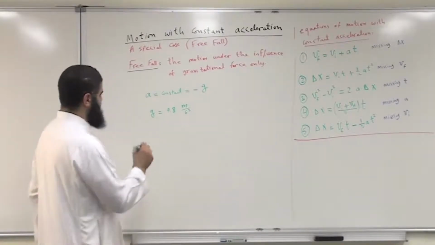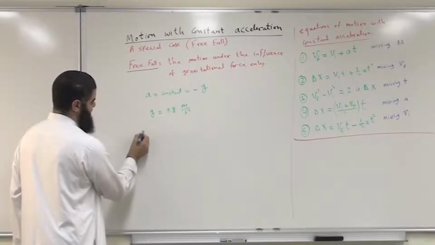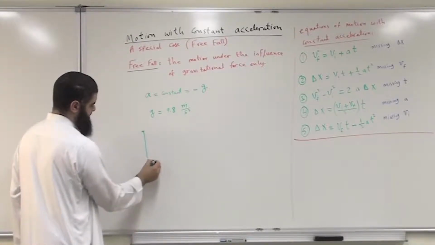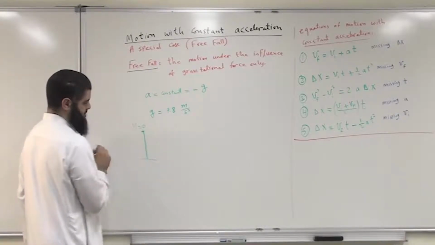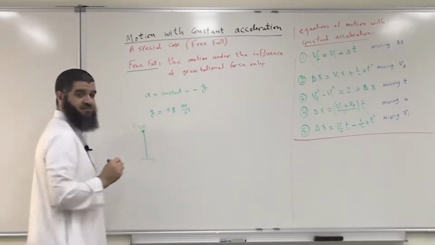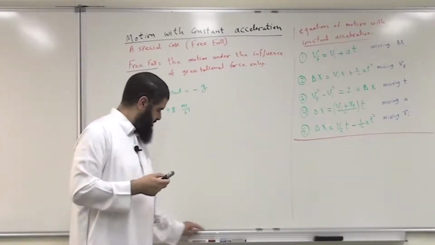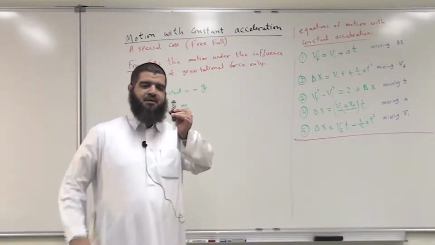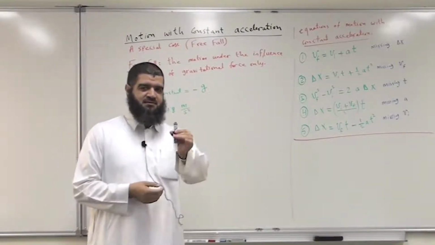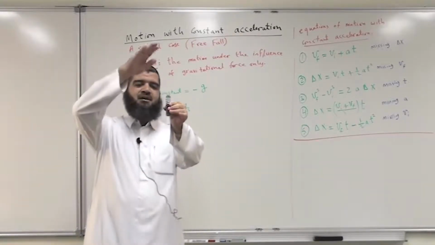I gave you this example of releasing the pen from rest, so here v initial was equal to 0, and we consider this to be a free fall. Let me give you another example, and I would like to know whether it is a free fall or not. The same pen, but now I'll not release it where v initial equals 0. Now I'll give it a small push.